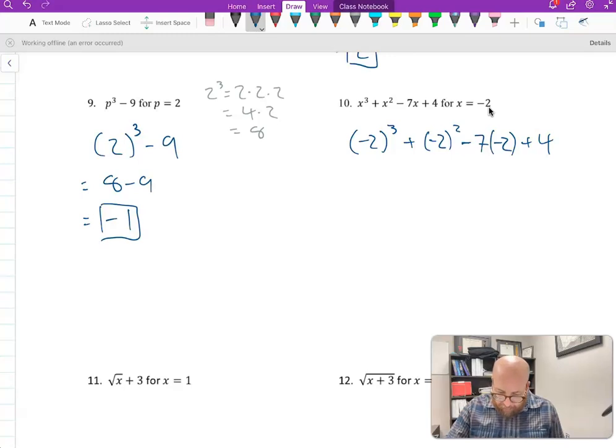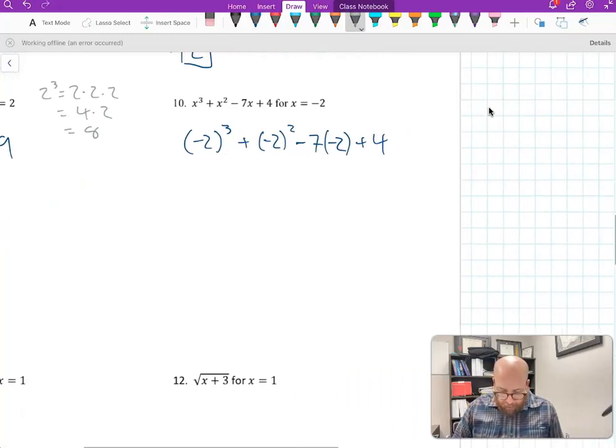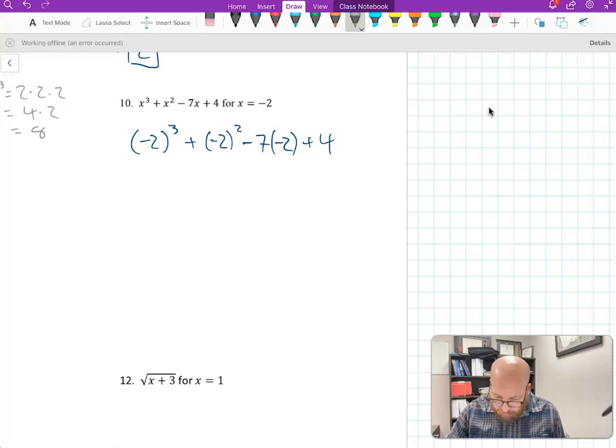Okay, let's do a reminder of what is negative 2 cubed. Negative 2 cubed is a negative 2 times a negative 2 times a negative 2. Negative 2 times negative 2 is a positive 4.